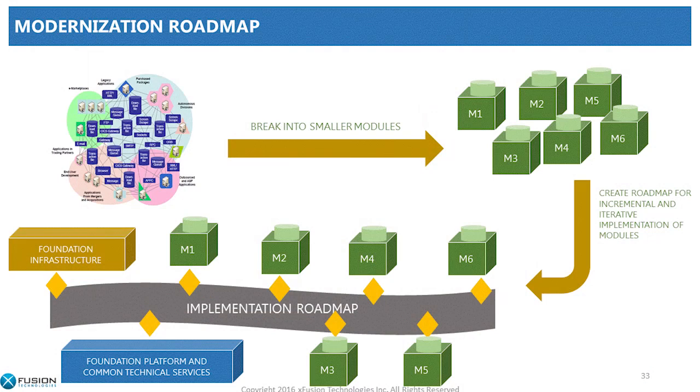All right, so with that, what do we know now? Now the diagram we discussed at the beginning, you see there, we are identifying the modules over here, defining the priorities. Now the roadmap, the first 2 points over there are the foundation infrastructure and foundation platform and the common technical services. I put that upfront in my roadmap here. And then M1, M2, M3, M4 that come after that, those are my business services.